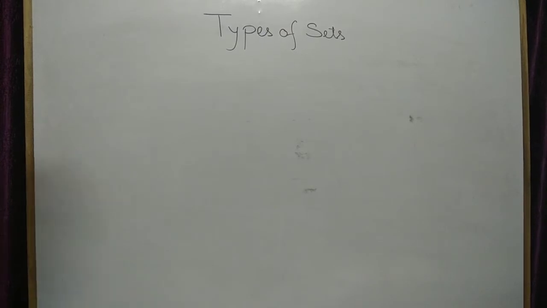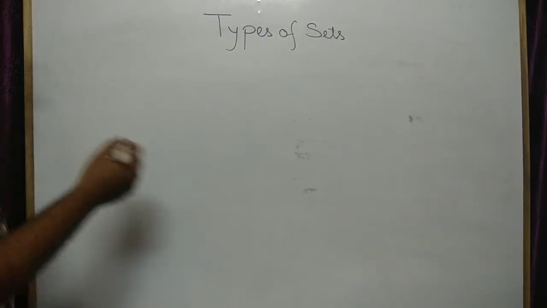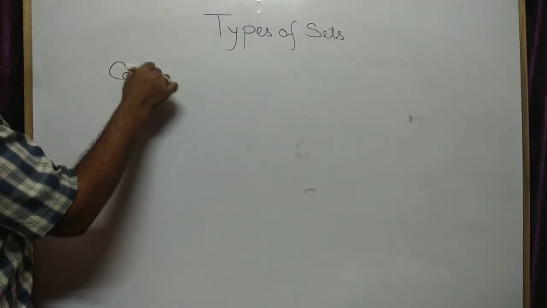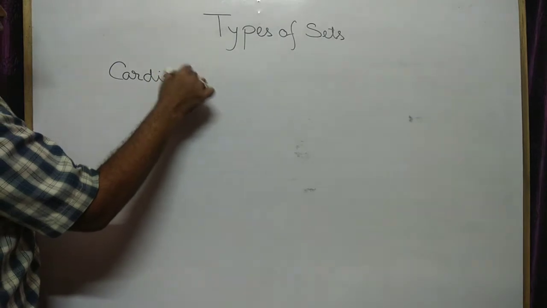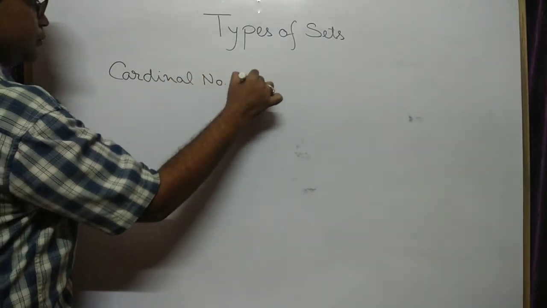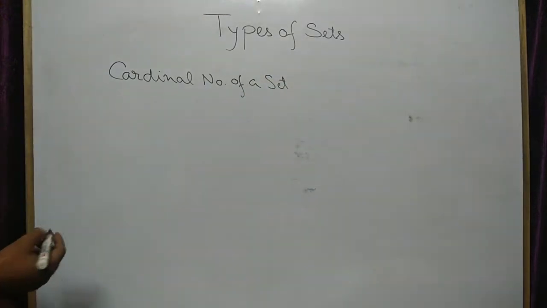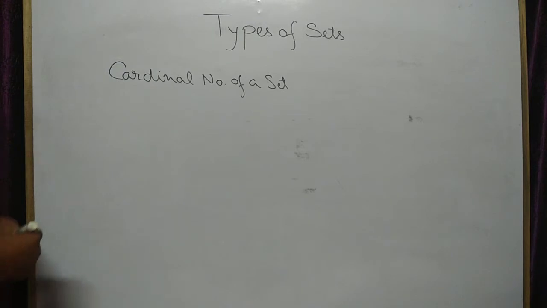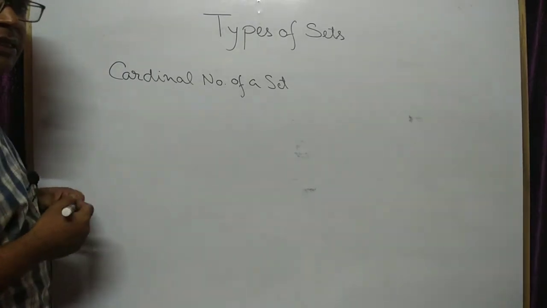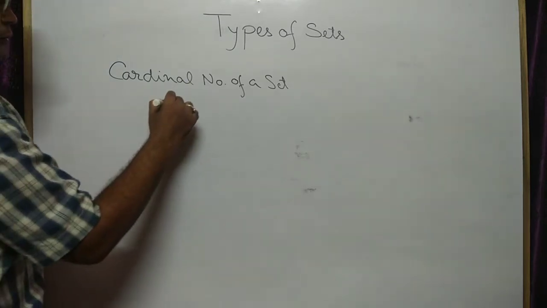After discussing infinite, finite, empty and singleton sets, we have a term, cardinal number of a set. What is the cardinal number of a set? This is a pure number which represents the number of members present in a set.